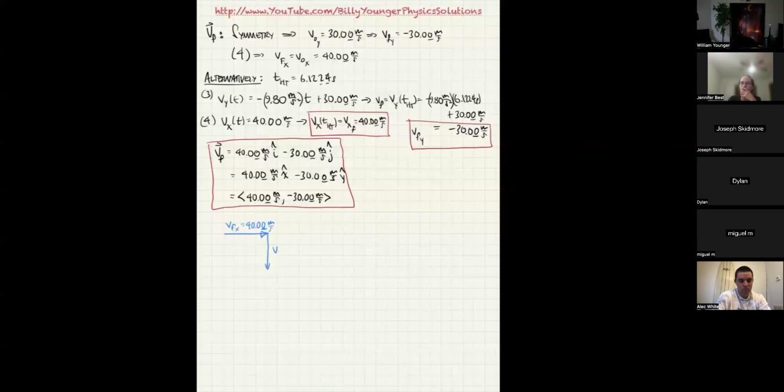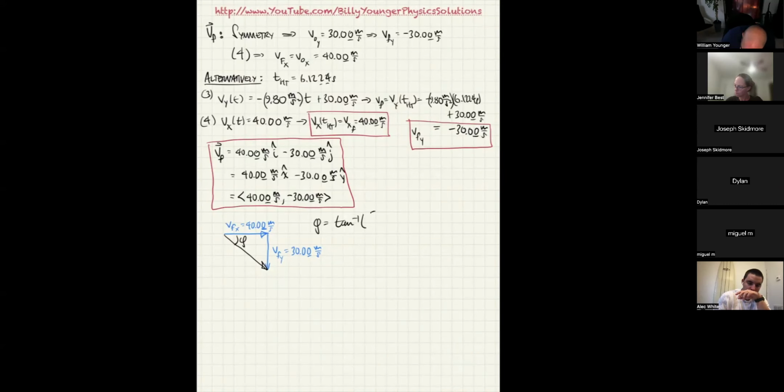And then V final sub y is 30.0 meters per second there. Now, from this, we can immediately see that we've got another 3, 4, 5 triangle. That angle is phi. So you'd say phi is equal to the tangent inverse of, notice I'm not putting any signs in there.